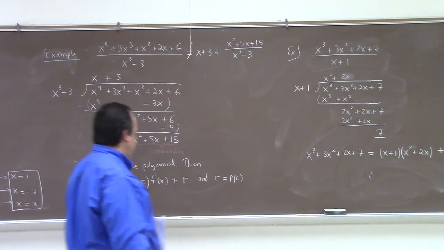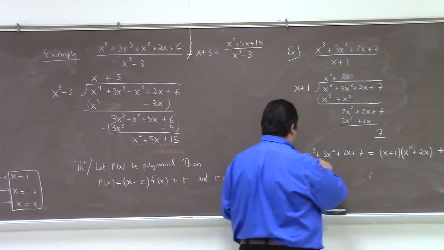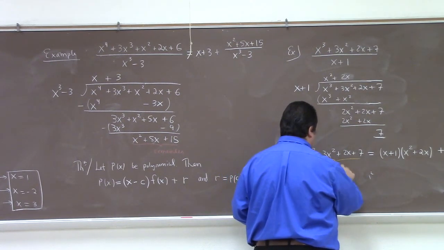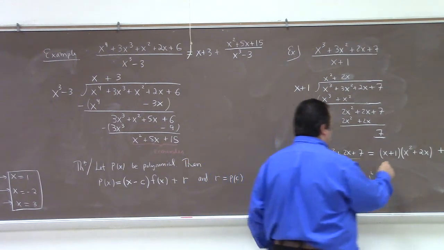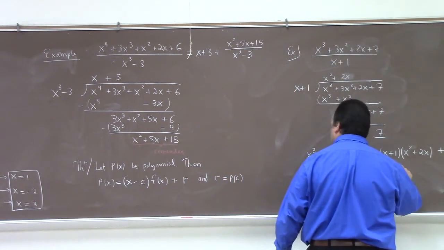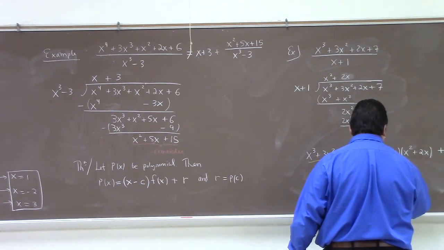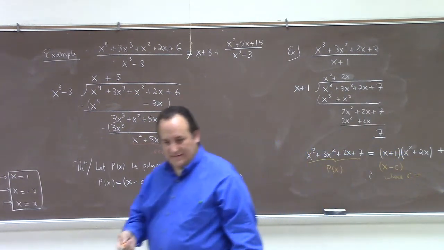Now, the claim of the remainder theorem, just to try to get you to understand what's going on here, this is p of x, right? And this is x minus c, right? If it's x plus 1 is x minus c, what does that make c equal to?